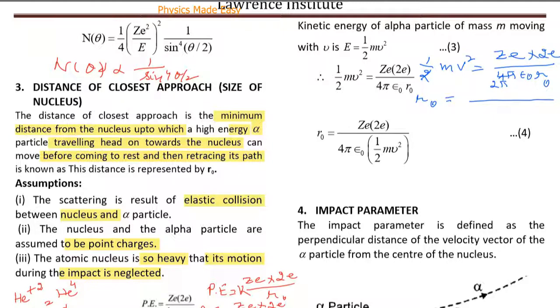The distance r naught is equal to 2ZE square divided by m v square epsilon naught, and pi will remain there.